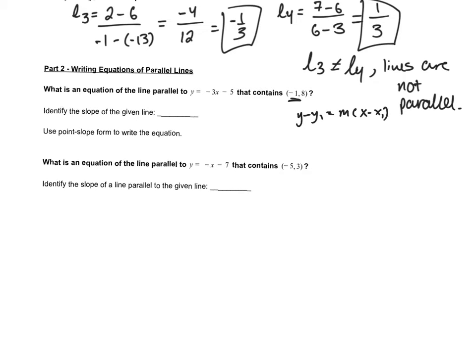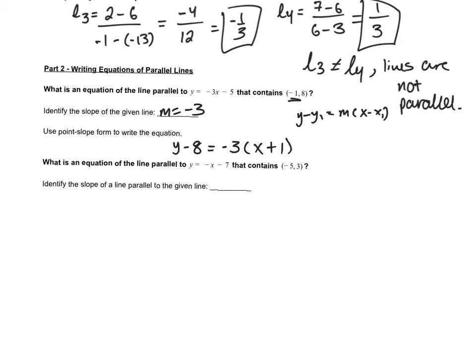Identify the slope of the given line: m is equal to -3. So y minus 8 equals -3 times x minus x1. Since x1 is negative, two negatives make a positive, so that's why we have x plus 1.